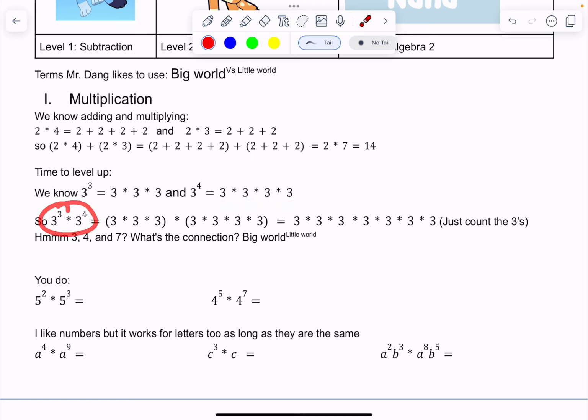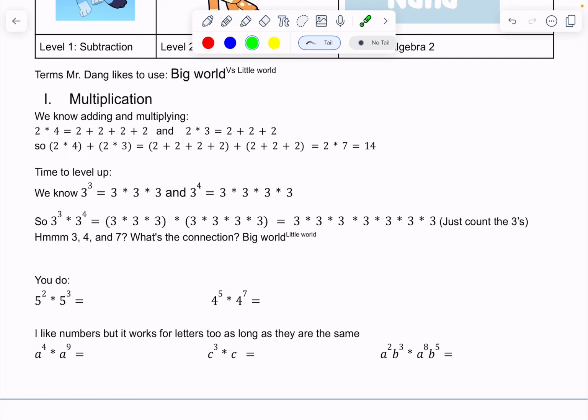So if I'm going to ask you 3 to the 3rd power times 3 to the 4th power, that's going to be a lot of 3's here. Pay attention. 3 times 3 times 3 times 3 times 3 times 3 times 3, which if I just count them all up, 1, 2, 3, 4, 5, 6, 7, I get 7.